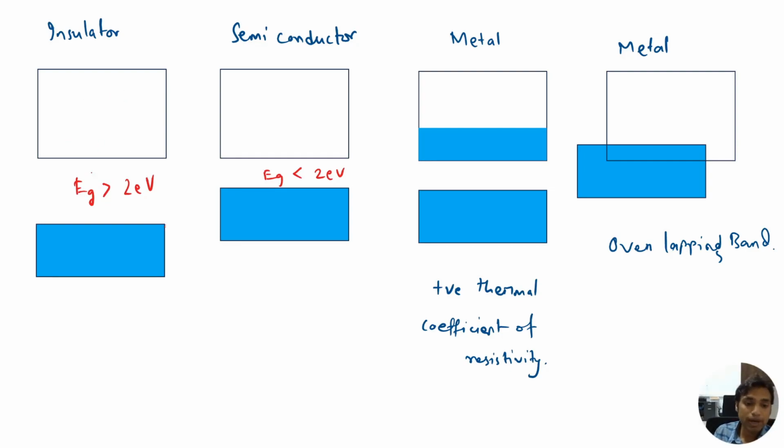We are talking about only the two uppermost bands. The second highest band is called the valency band, and the one immediately above that is called the conduction band.